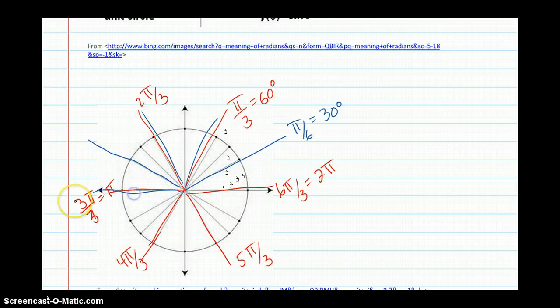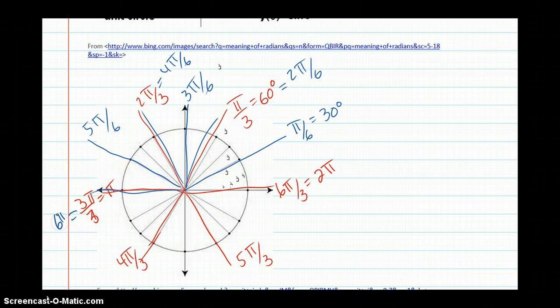So there would be the 6, red and blue combined, and this would be 1 pi over 6, 2 pi over 6, 3 pi over 6, forgot that one, 4 pi over 6, 5 pi over 6, and 6 pi over 6 in blue. And you can see that 2 pi over 6 reduces to pi over 3, 4 pi over 6 does reduce to 2 pi over 3, and so forth.